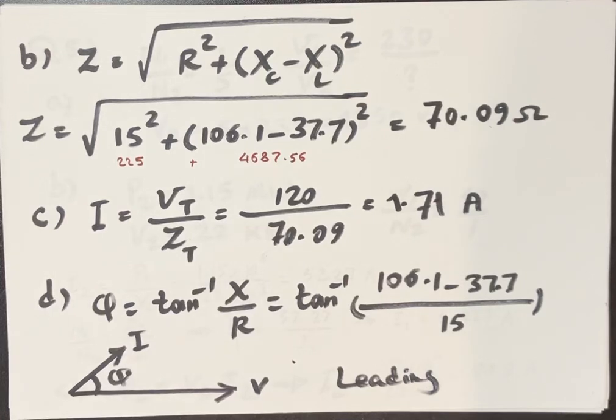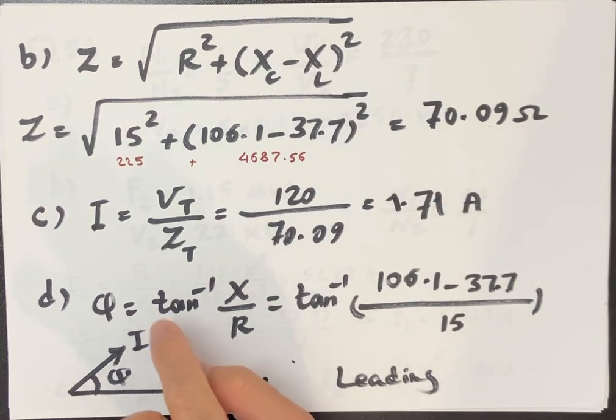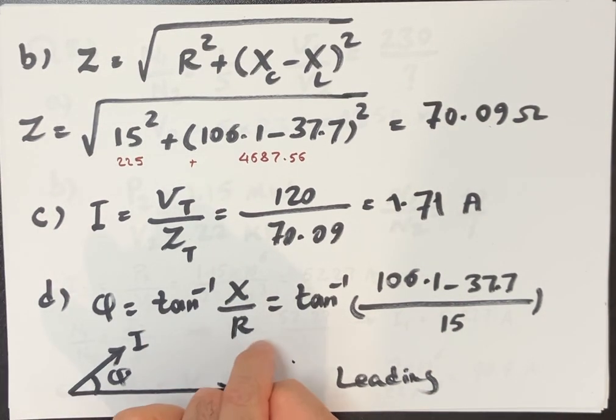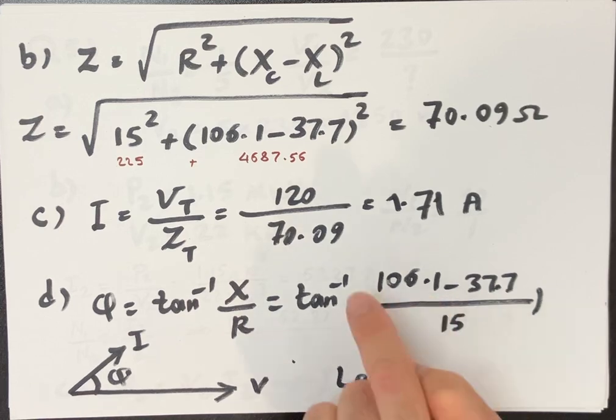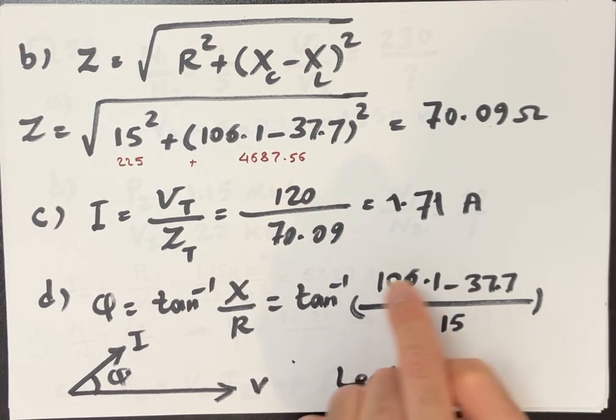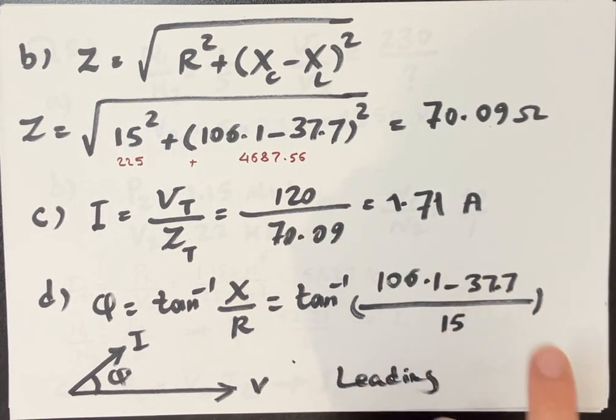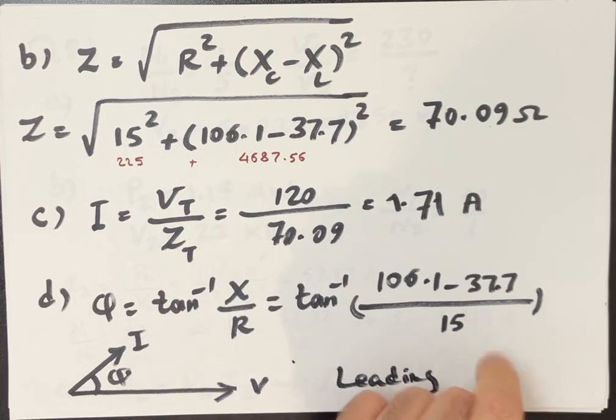And section D is about the angle between current and voltage, which is actually the angle between total reactance and resistance in the impedance triangle. That equals tangent inverse of X over R. Tangent inverse, the difference between XL and XC, divided by R. And yeah, this needs to be calculated.